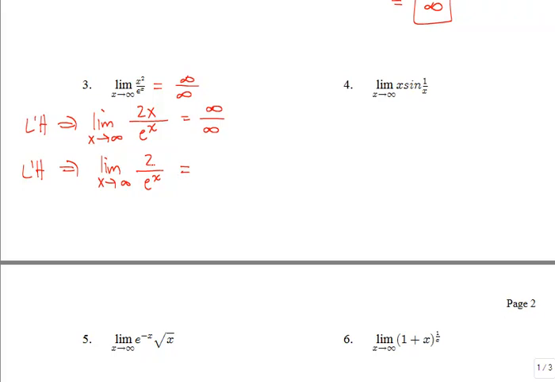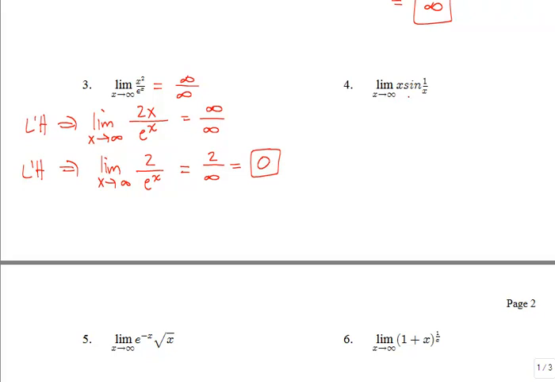This time the top is just 2, so the limit of 2 stays 2, and on the bottom e to the infinity stays infinite. And what does 2 over something really, really large do? It gets really, really small. So this goes to 0. A constant over something infinite goes to 0. So after applying L'Hopital's rule twice, we were able to get a finite number, so our limit is just that 0.